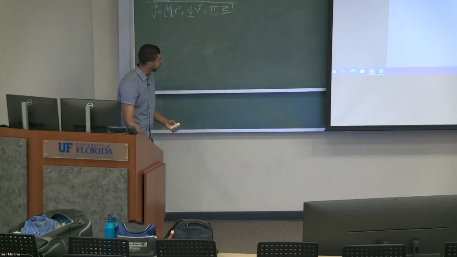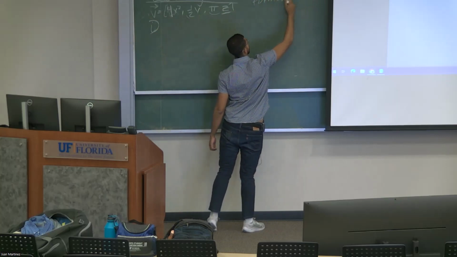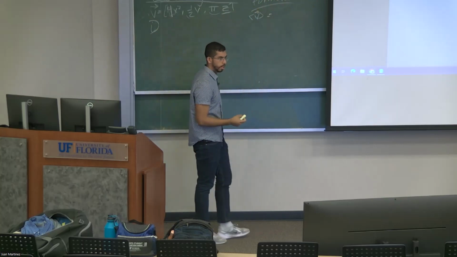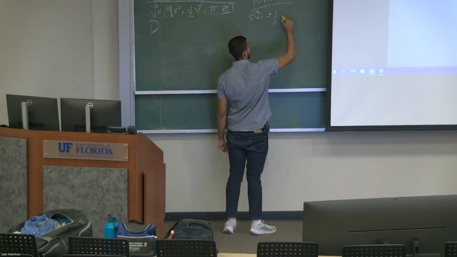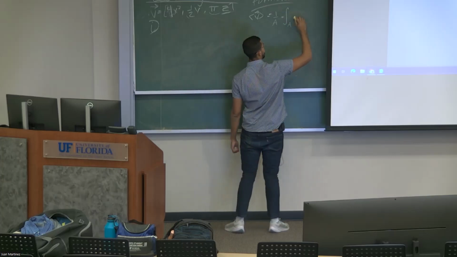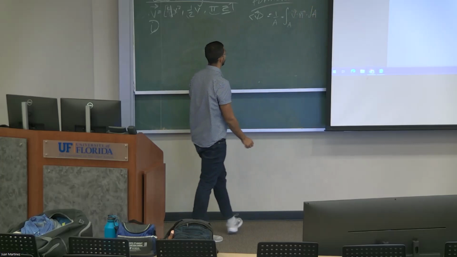So what's one? Average velocity. What is it? One over area. Uh-huh. Sweet.